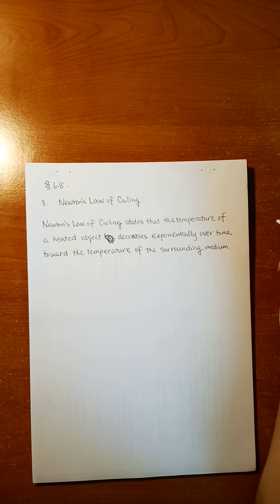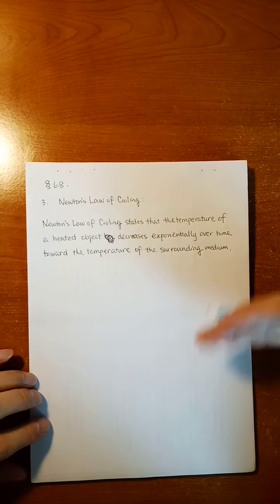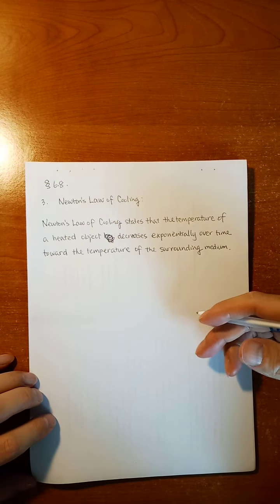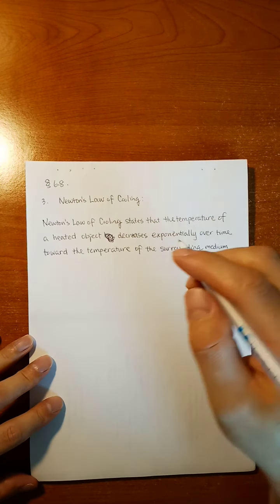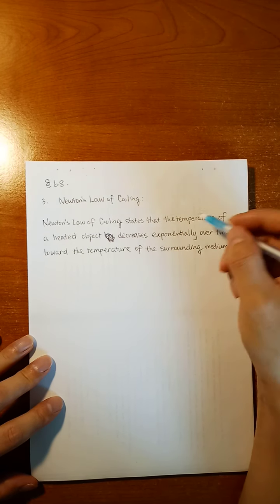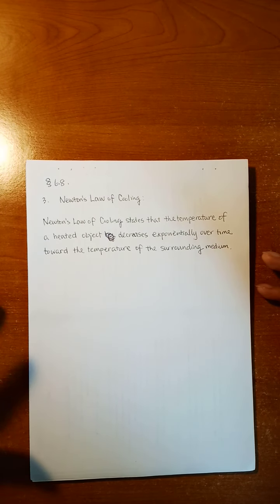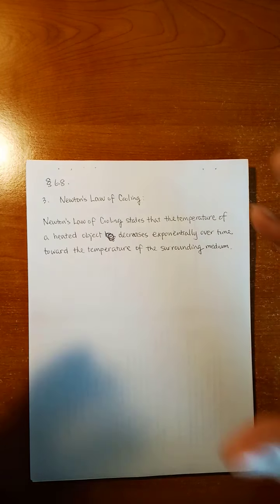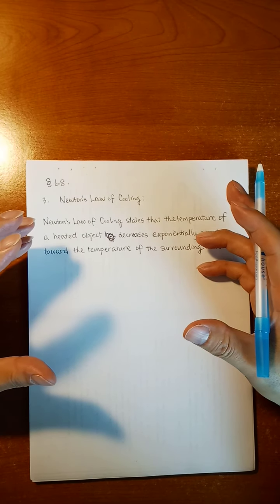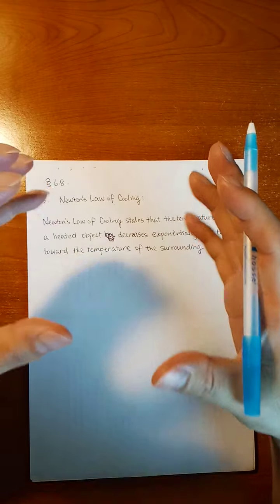Okay, so let's just state the law and then use an example to explain the application of the law. The idea is to discuss the temperature of a certain hot object in a cooler surrounding area. The hot object's temperature will decrease.